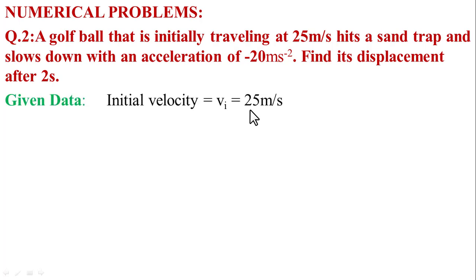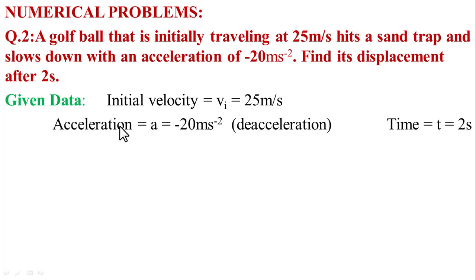According to the given statement, initial velocity Vi is equal to 25 meter per second and acceleration a is equal to minus 20 meter per second square. That is called a deceleration. Time t is equal to 2 seconds. Now we can find the displacement, which is denoted by S.